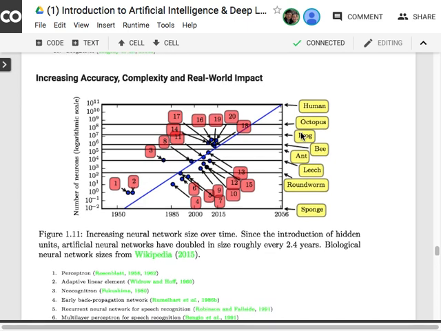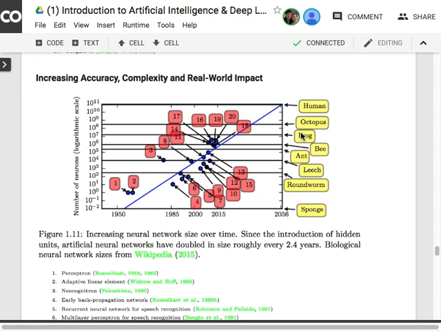Here is the number of neurons, as opposed to the number of connections per neuron. Humans have about 10 power 11 neurons in our brain, so we become this intelligent.